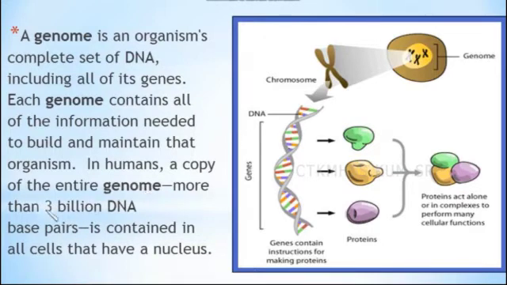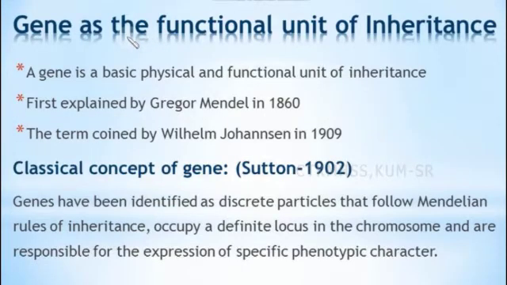Like this, more than 3 billion DNA base pairs are present in an entire genome. So what is a genome? A genome is an organism's complete set of DNA including all of its genes. So DNA along with its genes is what is called a genome.